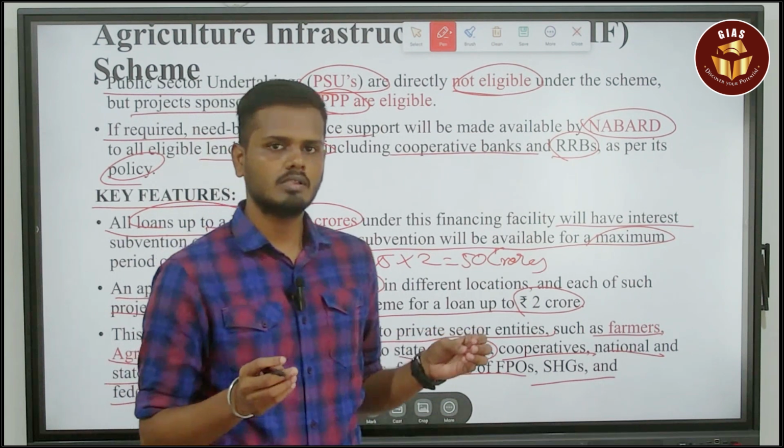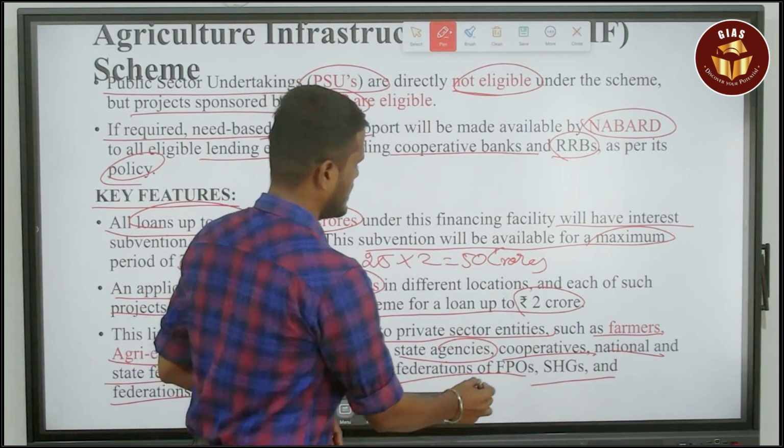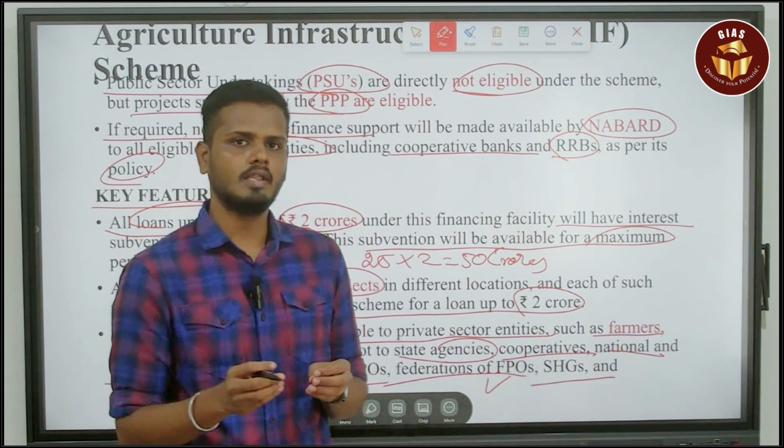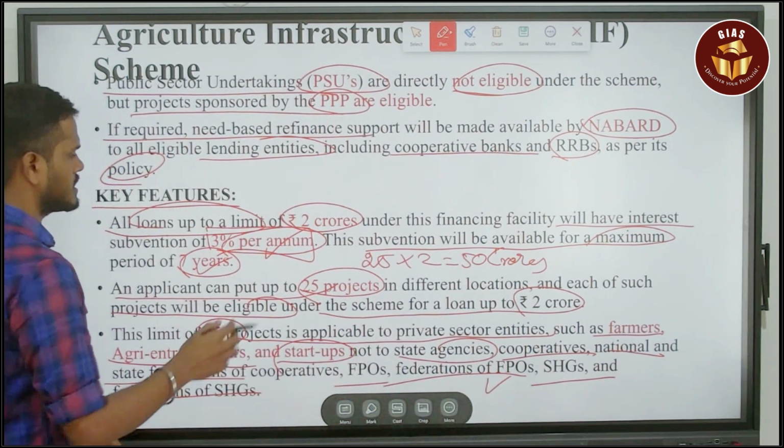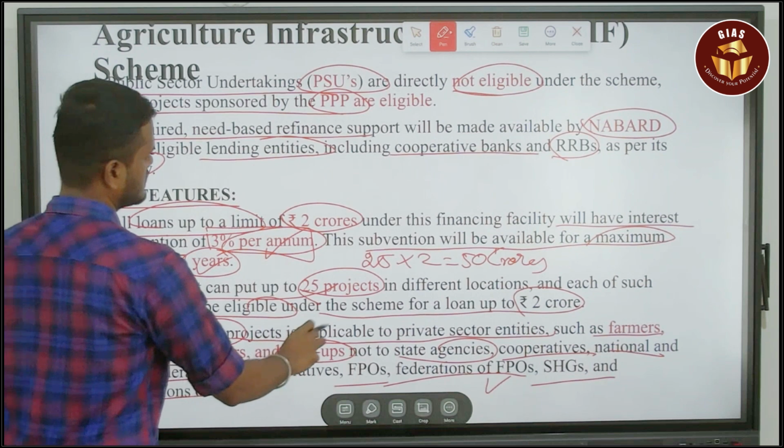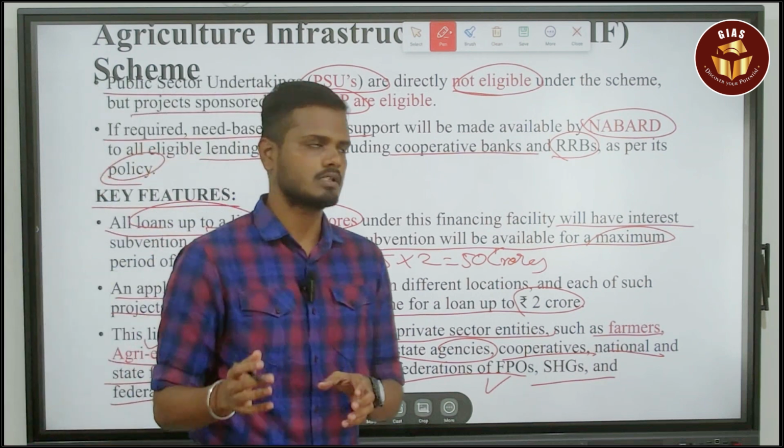So these agencies will not get that 25-project benefit. Only private entities such as farmers, agri entrepreneurs and startups can apply for the 25 projects.